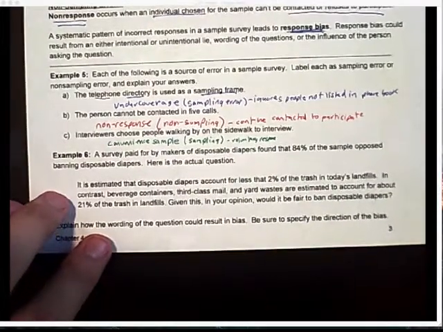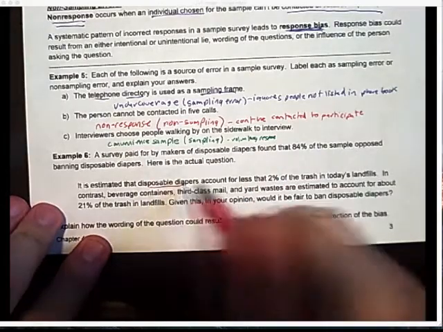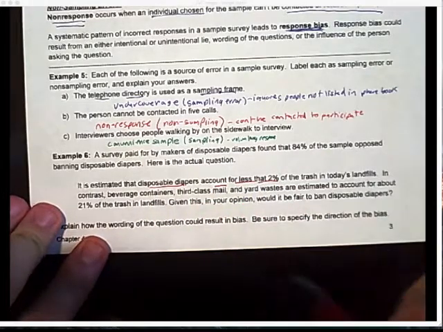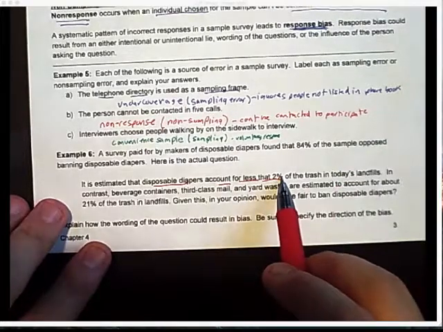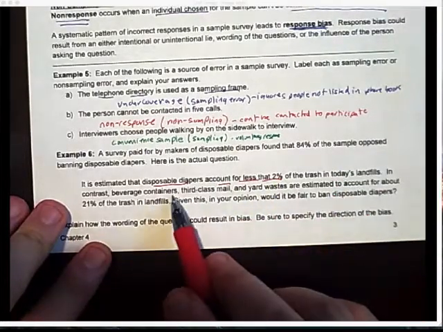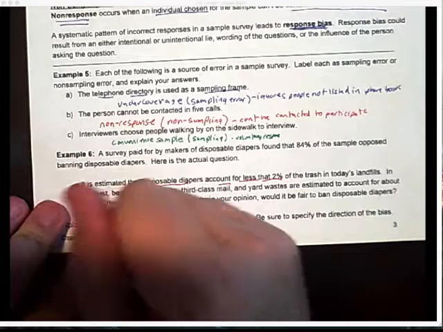All right. So let's think about the wording here. It says that disposable diapers account for less than 2%. All right. So it's kind of a small percentage. In contrast, beverage containers, third-class mail, and yard waste are estimated to account for about 21%. All right. So they're making a comparison.